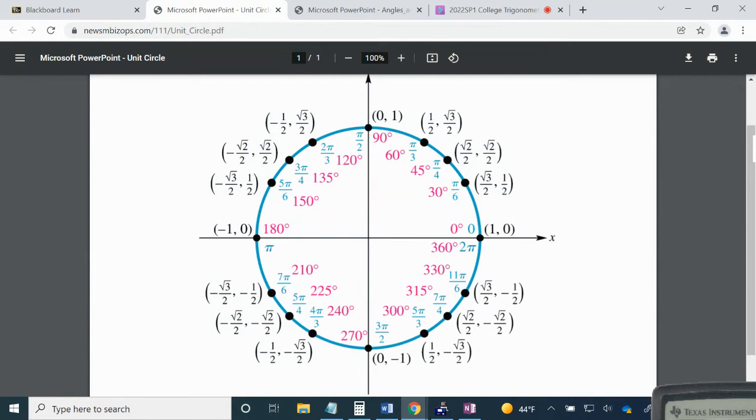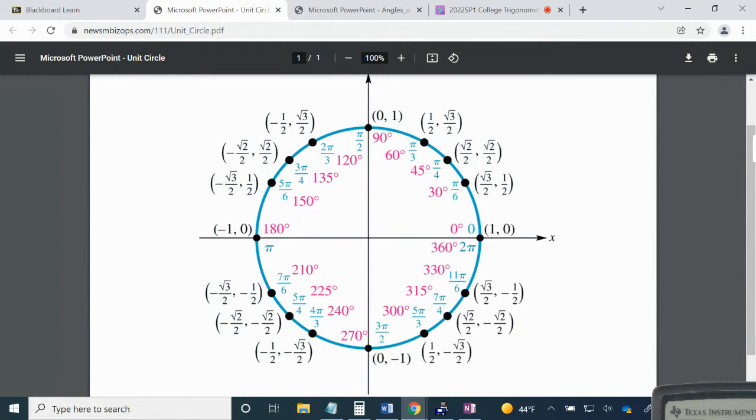Well, that means that if we were to plot 30 degrees in an x and y axis system, since the radius is 1, we would go over a distance of square root of 3 over 2 on the x-axis, and then we would go up to 1/2, which would give us this point on our circle. Right through this point lies our terminal side, and that terminal side gives us a measure of 30 degrees or pi over 6 radians.